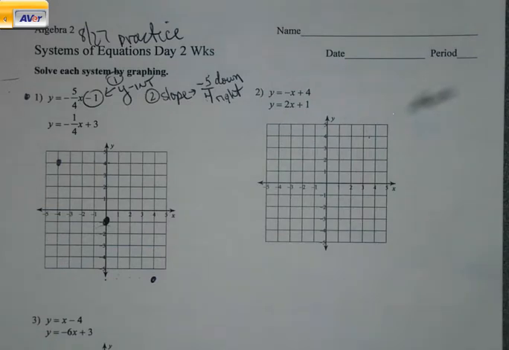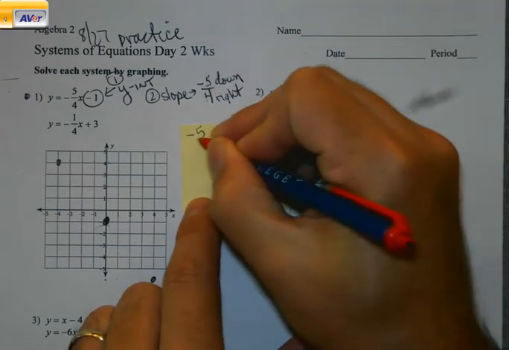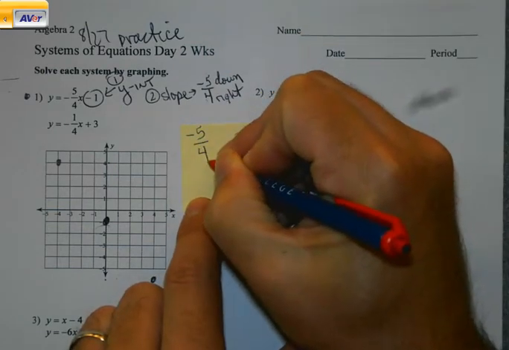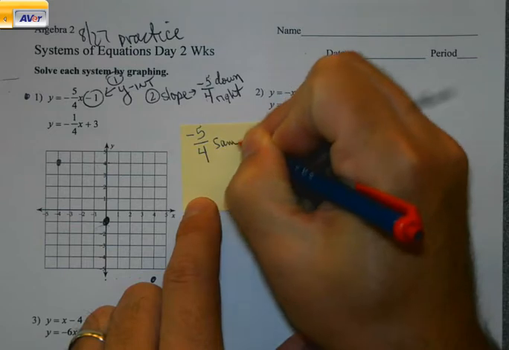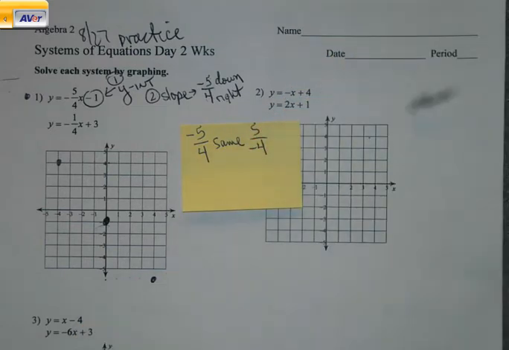Because, here's my reason for that, negative 5 over 4 is the same thing mathematically as 5 over negative 4 would be. Okay? As long as the negative's only on one of the numbers, they're the same.